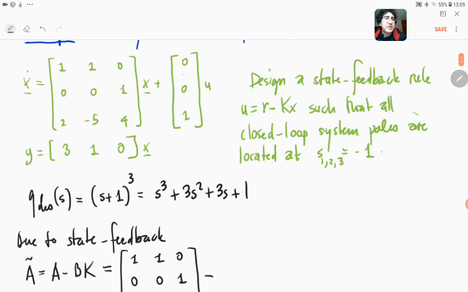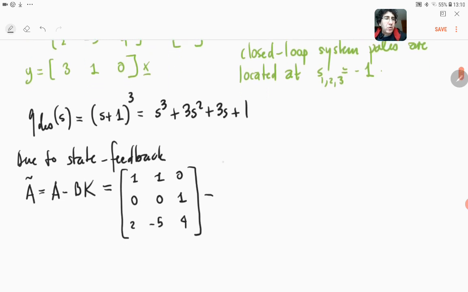Since the b vector here only has a 1 at the last row, all the matrix entries will be 0 except the last row, which will be composed of k1, k2 and k3.